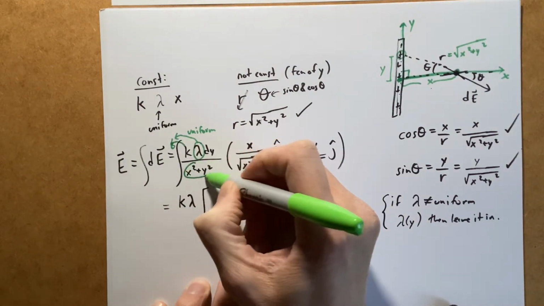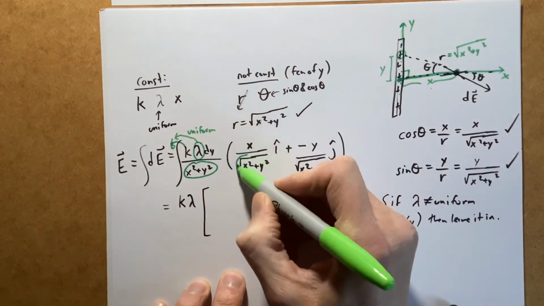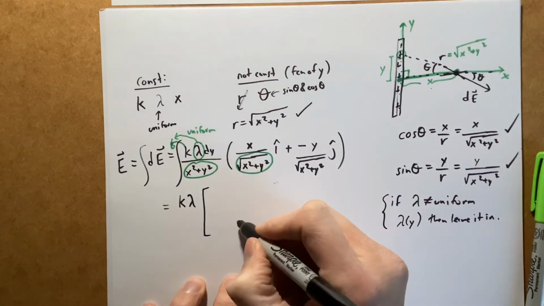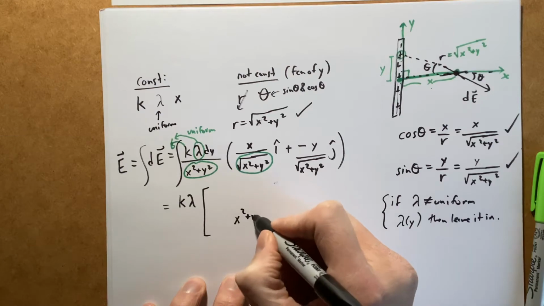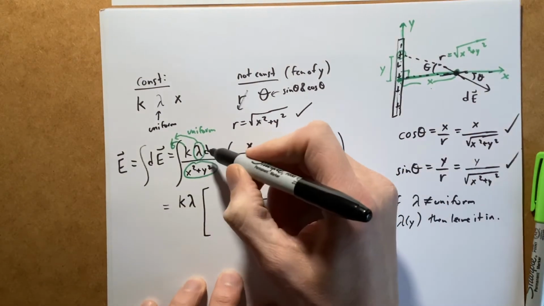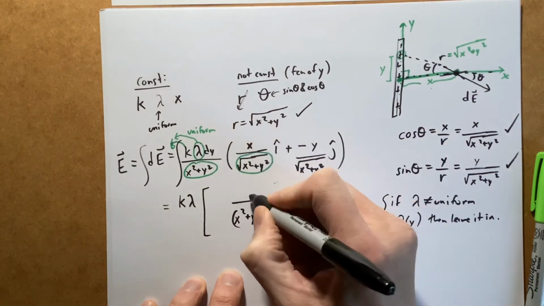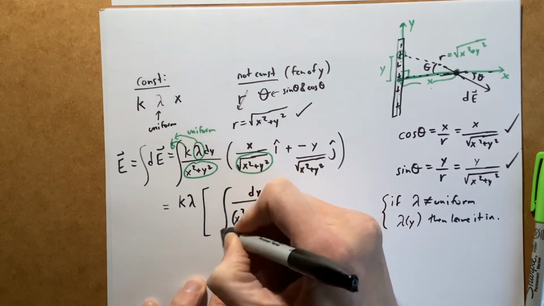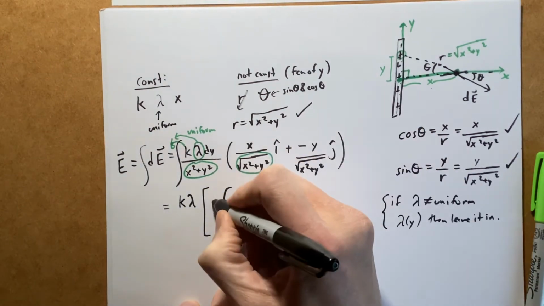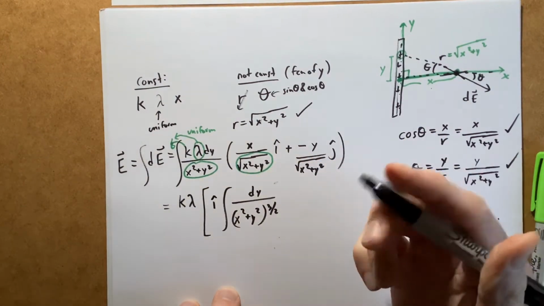X squared plus y squared multiplied with square root of that same thing gives us x squared plus y squared to the 3/2. And then what do we have in the numerator? We have dy, and then that's an integration. That carries through, and I'm going to go ahead and put the i hat outside. That is a constant, of course.